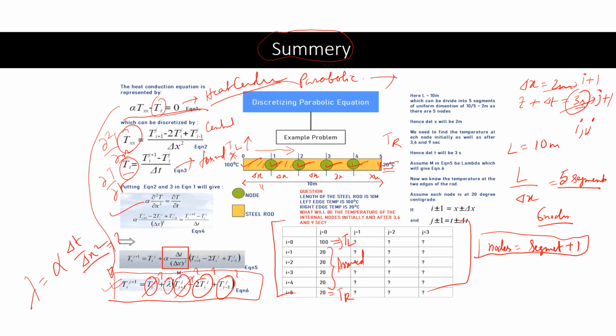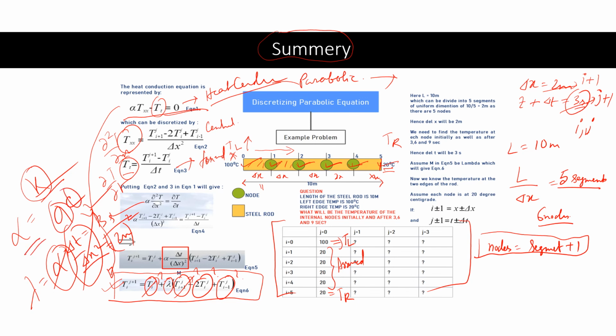Del x you know is 2 meter and del t is 3 seconds. So this part is also known, right? But you do not know what alpha is. To find it out, you have to find out k, rho, c. So the values of these constants will give you the value of alpha, right? Once lambda is known, then you can find out what this is.